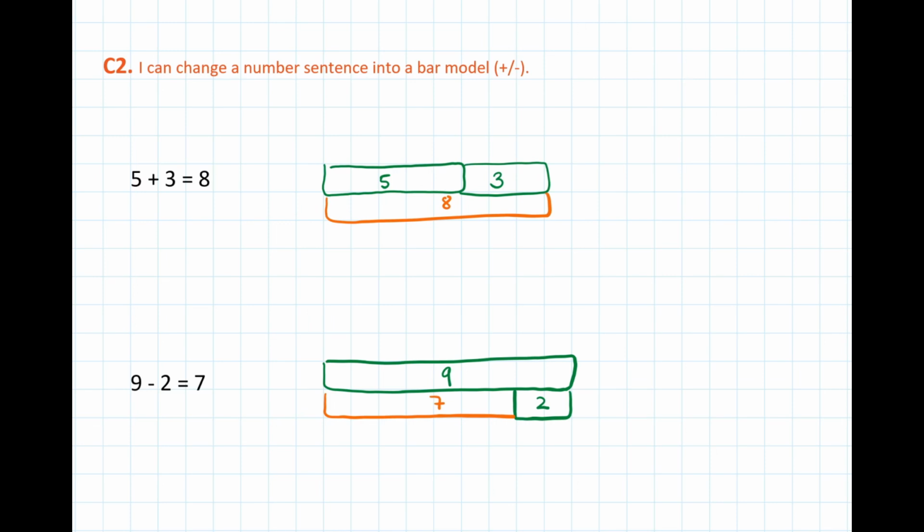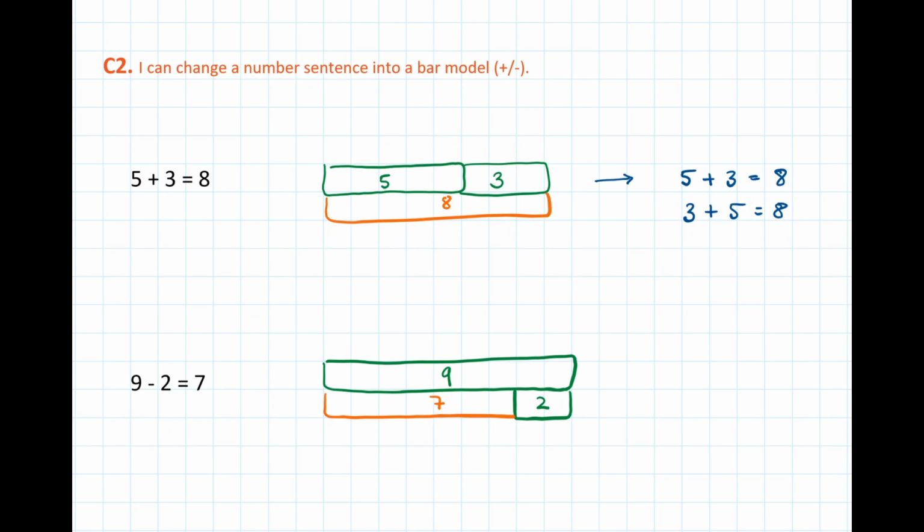We can also look at these bar models from a slightly different view. We can look at how many other number sentences we can write using these bar models. So for example, from the addition one, we can write that 5 plus 3 equals to 8. We can also write that 3 add 5 equals to 8.